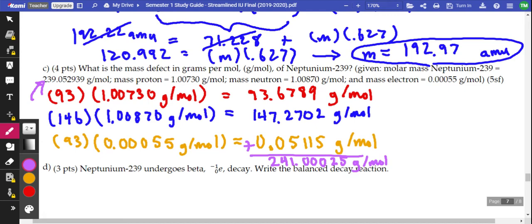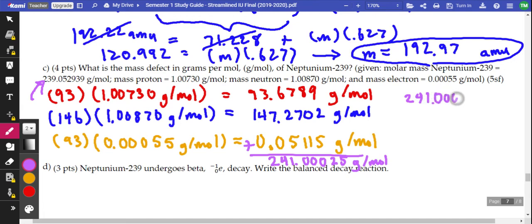Okay, so we're going to take this 241, which I guess makes sense. Yeah, it should be positive. 241.00025 grams per mole, what it should be, minus what it actually is, 239.05239 grams per mole. I'm just going to ditto mark that.